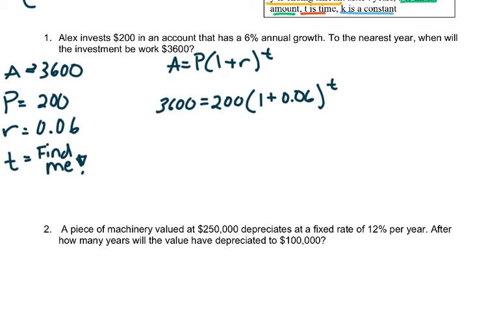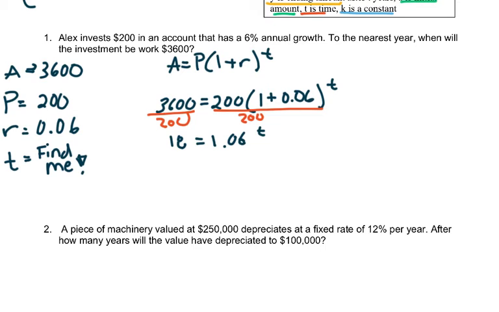So the first thing I'm going to do is divide each side by 200, because we cannot distribute this 200 here because of the exponent. So to get rid of the 200, we'll divide each side by 200. So 18 equals 1.06 to the T. I went ahead and added that 1 plus 0.06.